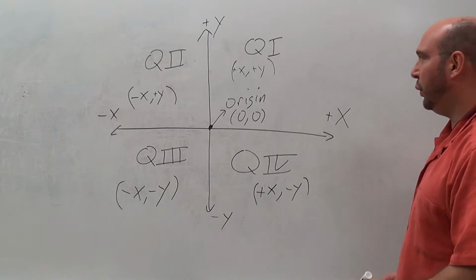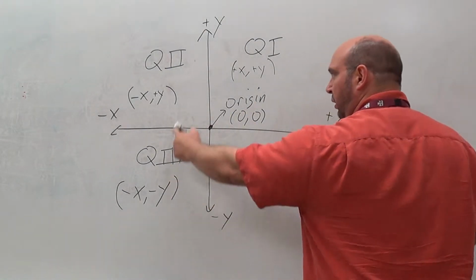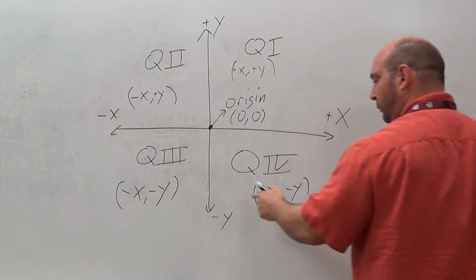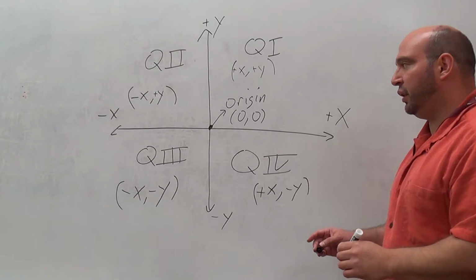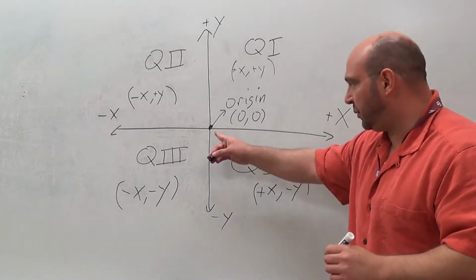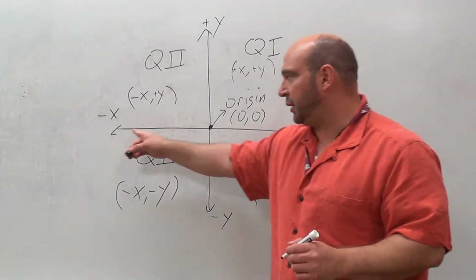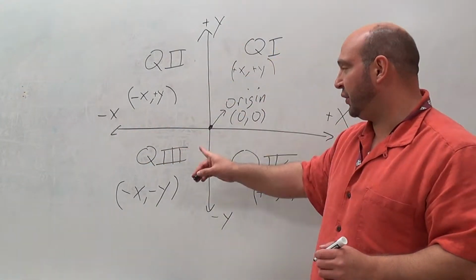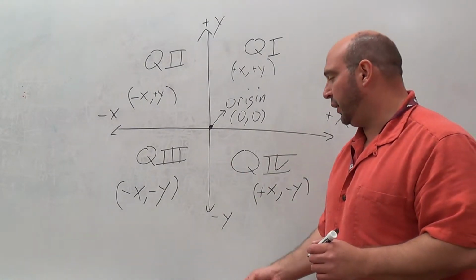All right, so everything's positive up here, everything's negative down here. Negative x's, negative y's, okay? As we're looking at this, from 0, this becomes more positive. From 0, this becomes more negative, more positive on the y, more negative on the y here, okay?